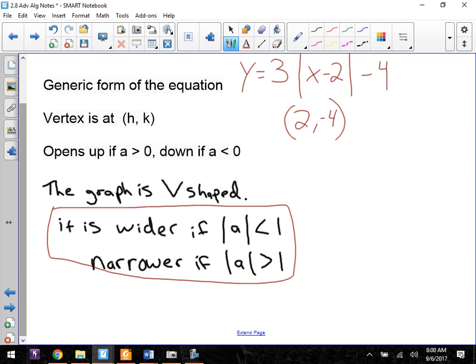So if I'm looking at that generic graph, that 3 absolute value x minus 2 minus 4, might as well just show you this example now.